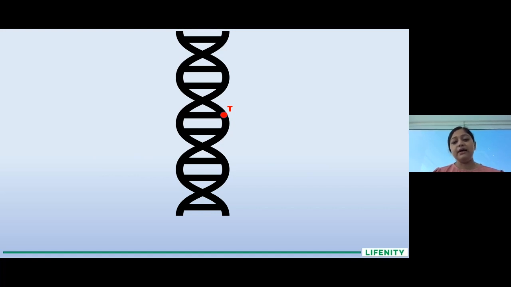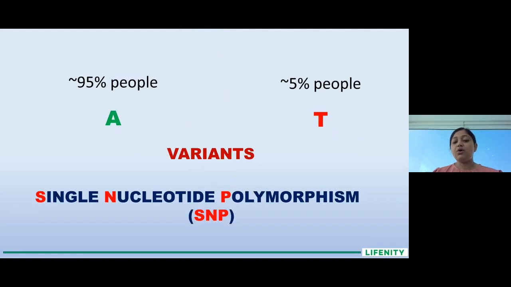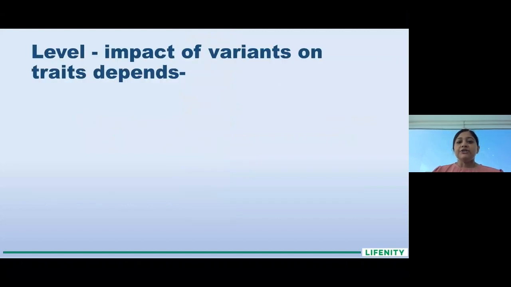This is a variant T. In the general population, nearly 95% of people have A at this particular position, and only 5% of people have T. This is called a variant or single nucleotide polymorphism, or SNP in the short form. Variants have different types of effects on a trait.